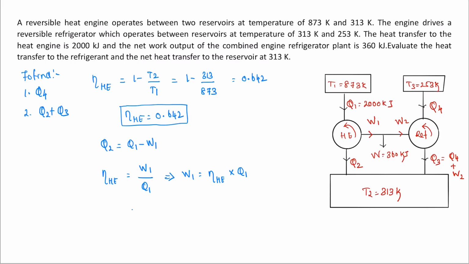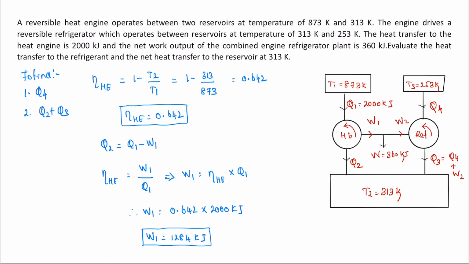Therefore, W1 is equal to 0.642 times 2000 kilojoule. From this, the value of W1 can be calculated as 1284 kilojoule. We have found the value of W1. Now, by substituting the values of W1 and Q1 in this equation, you can find the value of Q2.